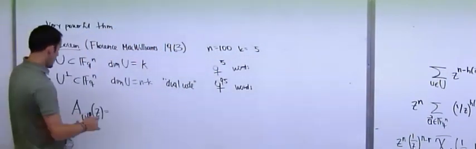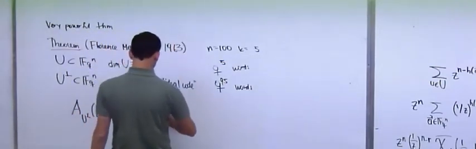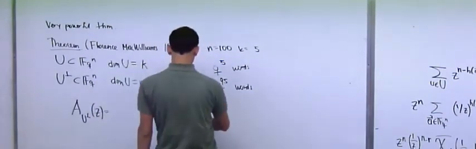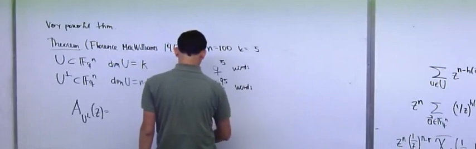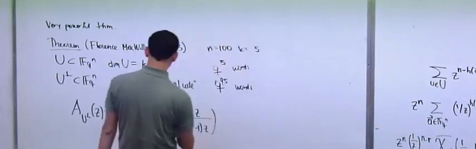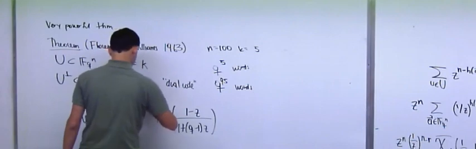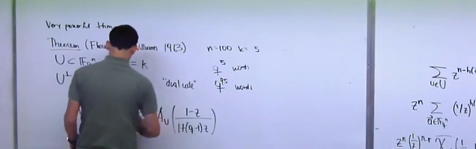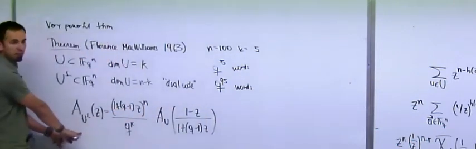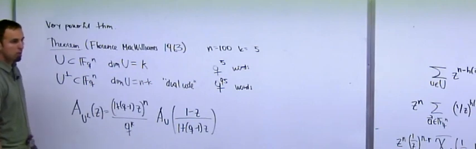If you want the weight enumerator of this guy, it is just given by some function of the dual. So this is saying if you can compute the weight enumerator for the small guy, you immediately have it for the big guy.